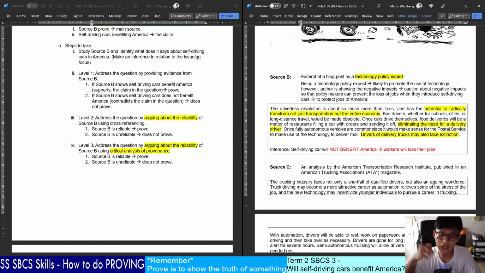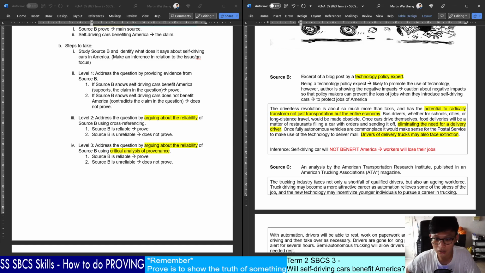In doing so, is he being biased or taking sides, or does he have any vested interest in the use of self-driving cars? In this case we will say he does not, because he is being very factual about it and showing the negative impacts so that we can manage them well.